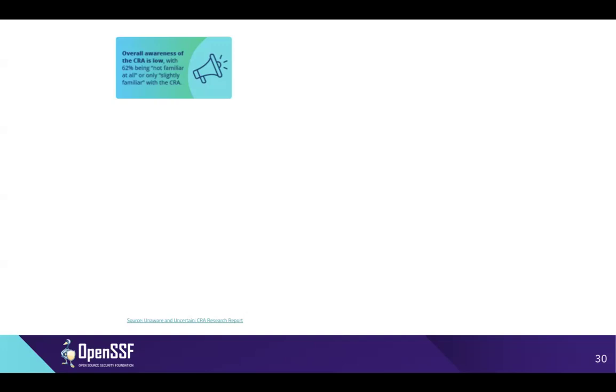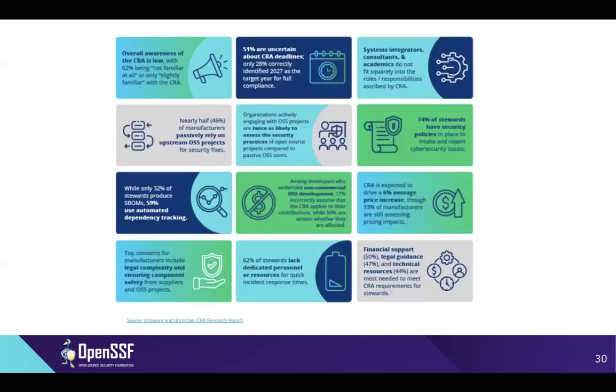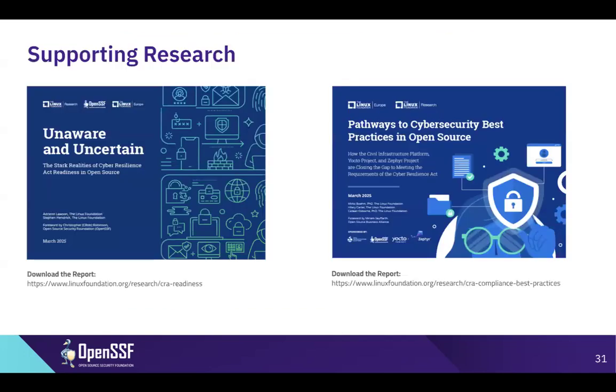So next click, Angela. Yep, so we've got lots of amazing and fun, cool statistics like that one that will both alarm you and excite you in that research paper, which is a seamless plug. Next slide, please. You can access here, whether you just want to go to the LF Research webpage directly or the links to the reports will be included below. The fun stats I gave you, you can find in the first research paper linked here, Unaware and Uncertain. Very daunting name.